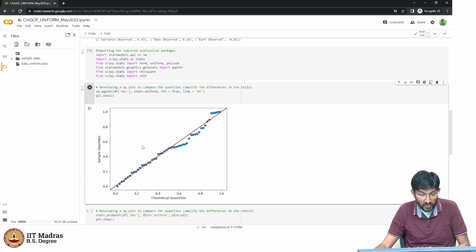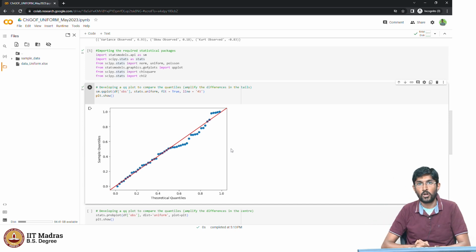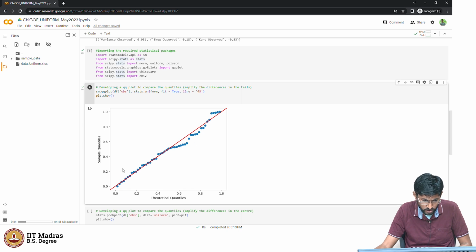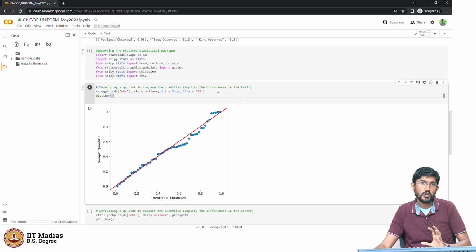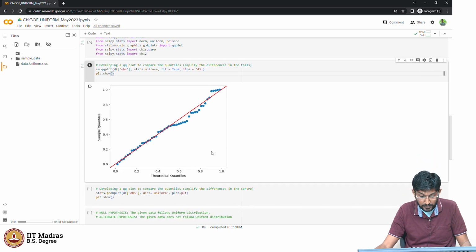If there is very high deviation, then I would say that my proposal and the theorized are not matching at all. In my case, most of the points are falling on this line, and very few points are deviating from this 45-degree line. And hence I can say, with a certain amount of confidence, that my assumption of uniform distribution fits well for the population given the QQ plot.